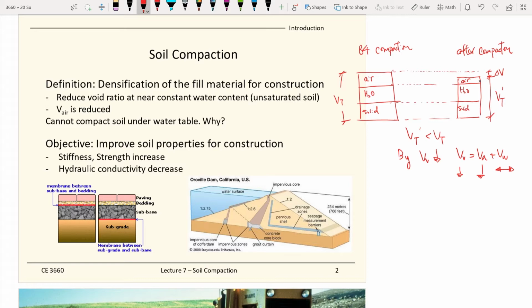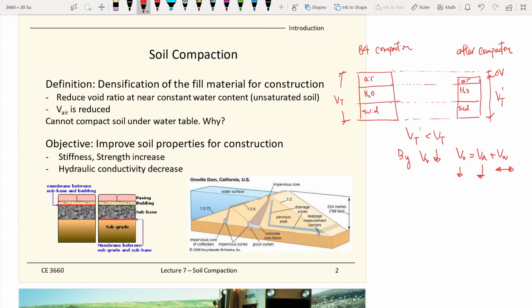So you get to almost your final grade, and for that final grade material, you have controls on the density, which means you want the final grade to reach a particular density to fit your structure, such that you can control the mechanical behavior in terms of strength, and also in terms of compressibility, through the use of compaction. That is one of the objectives of what we're trying to do.